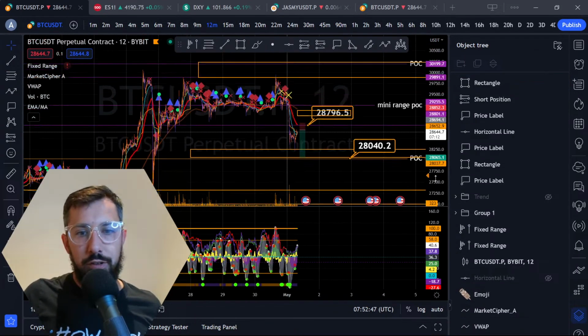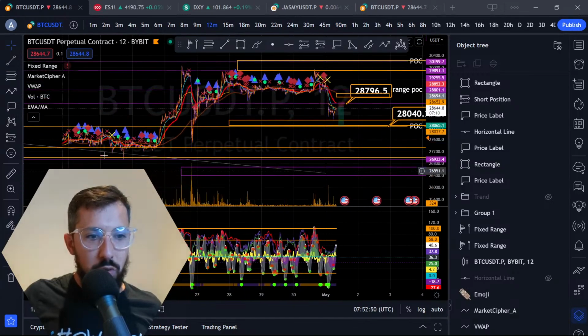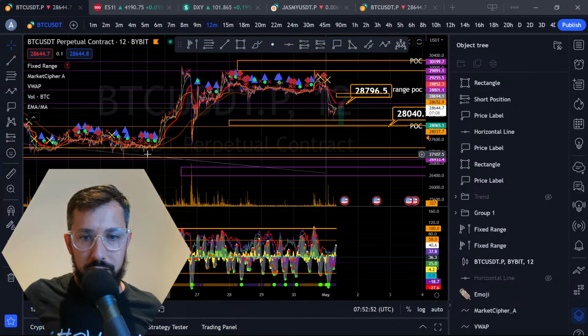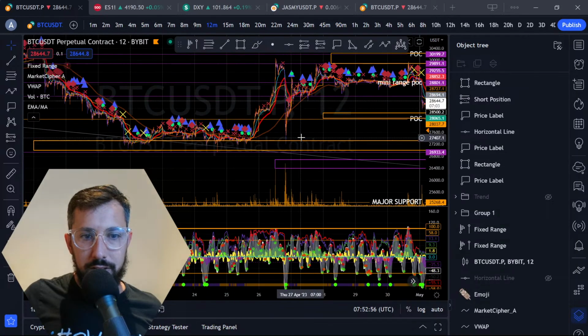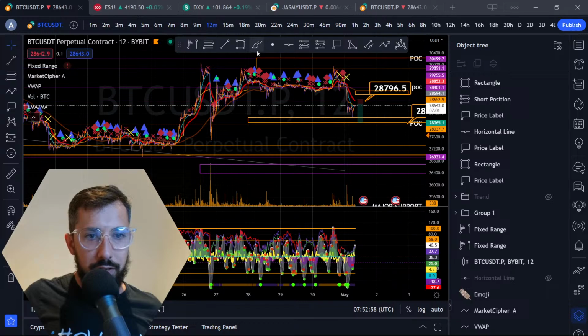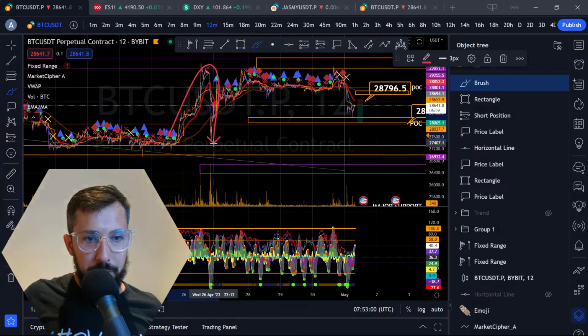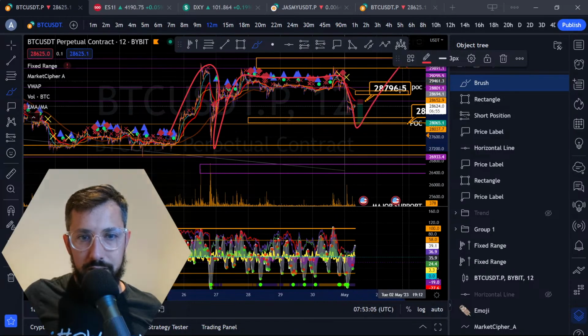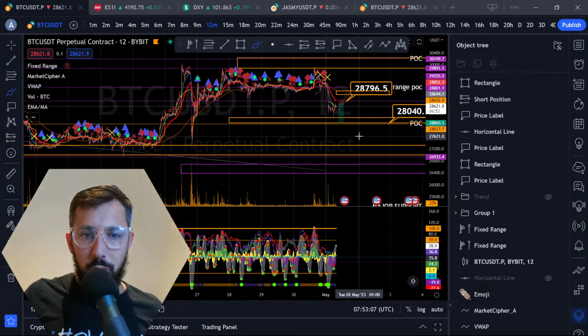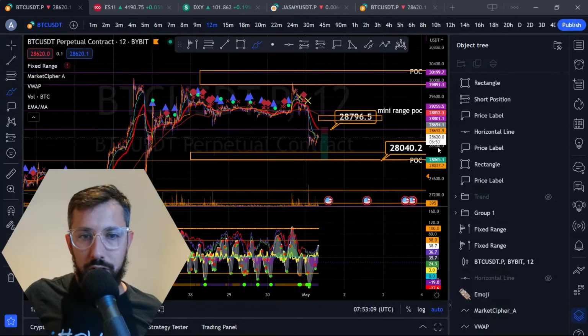We have to get through this POC. Then after the POC, we have key levels of support here at 27,000, okay? 27,000 held us up for quite some time, and it did bounce off of here from before. You can see big move up, big bounce up. So are we going to retrace from here and continue upwards? Who knows? But we have a plan, and we're looking to trade it.